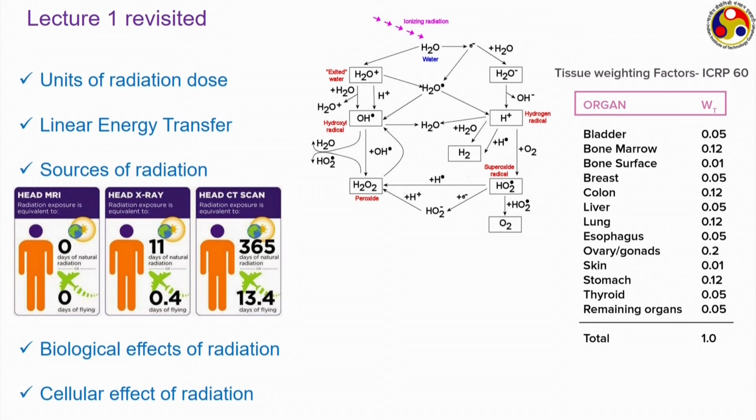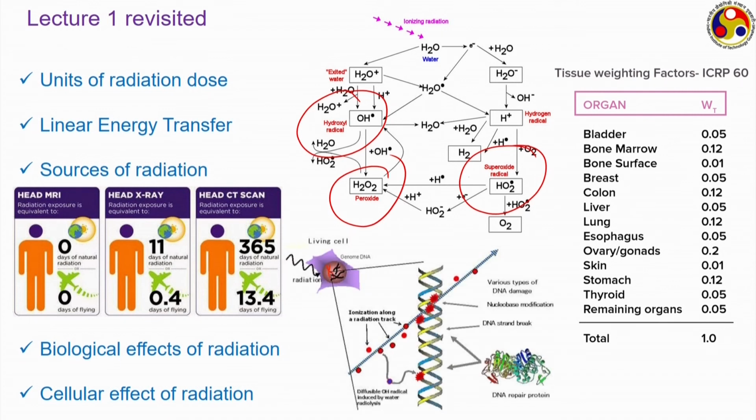So, the radiation generally breaks the H2O molecule there, leading to the formation of several very dangerous radicals, such as the peroxide, the hydroxyl, and also the so-called superoxides. They all can have important detrimental effects on the cell. And there can be a direct effect also, where the radiation can change the morphology of the DNA itself. We shall be looking more into them in today's lecture.